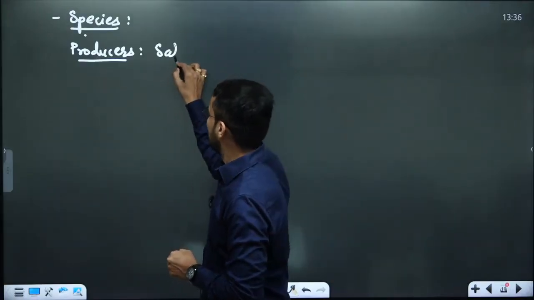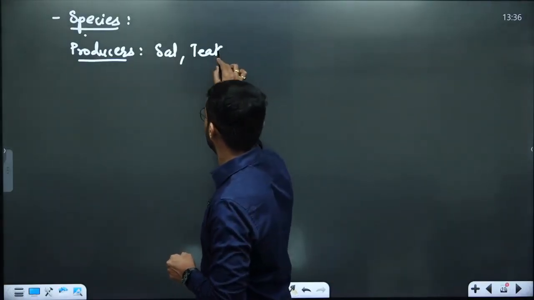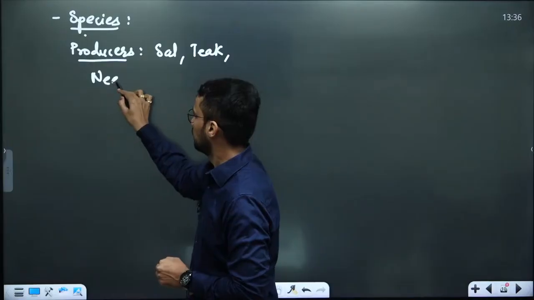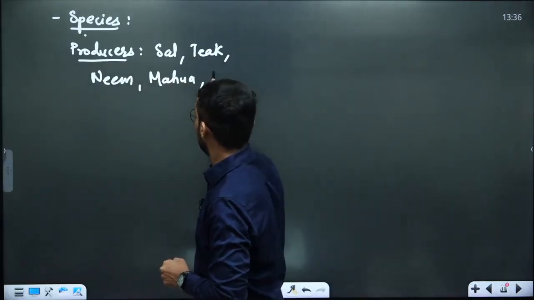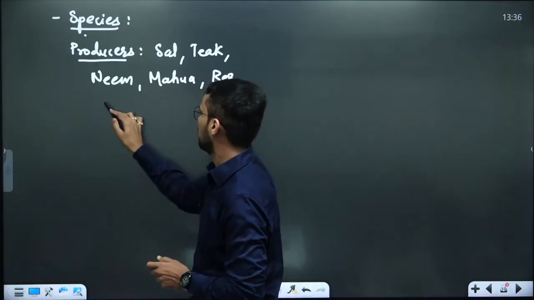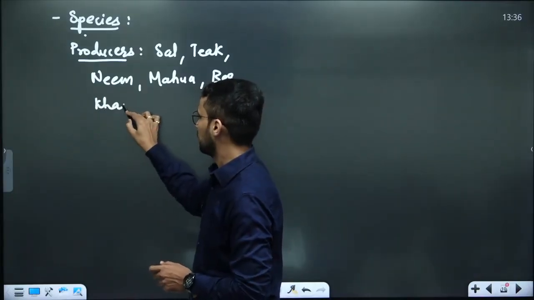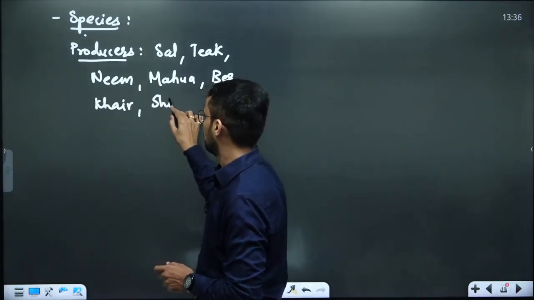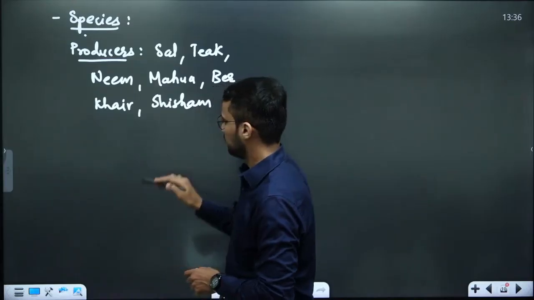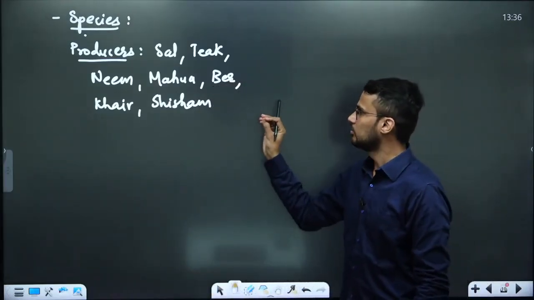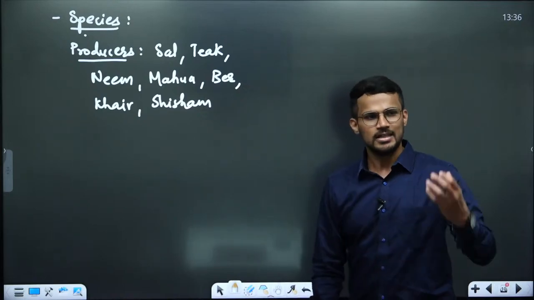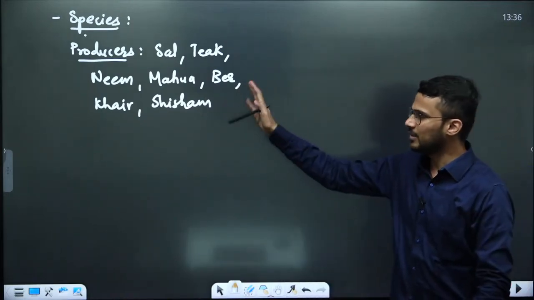Sal, teak, neem, mahua, बेर, खेर, शीशम, etc. ठीक है. साल, टीक, नीम, महुआ, बेर, खेर, शीशम, सैंडलवुड, बाम्बू, many you can add.